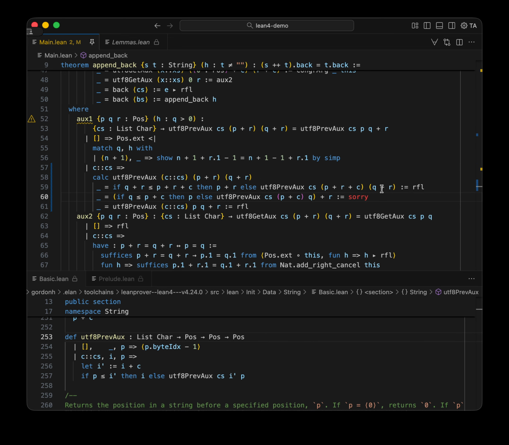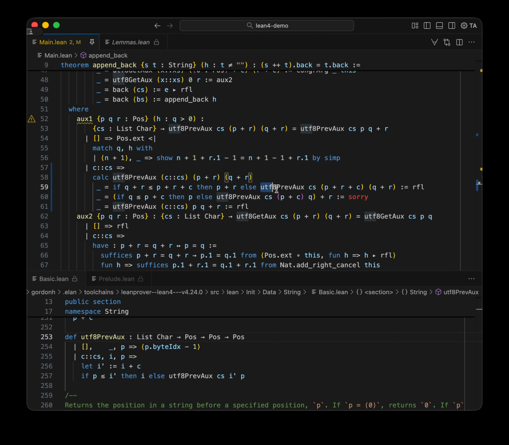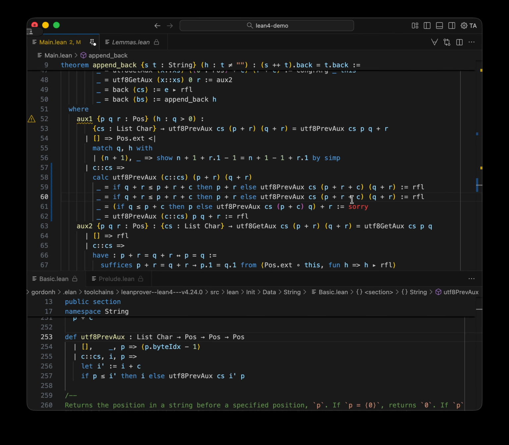Wait a second. Having it inside both arms would require that this part be, okay. Let's do it step by step. First step we want to achieve is this. We want to show that this whole thing reduces to this plus r, which we can see is just the inductive case.